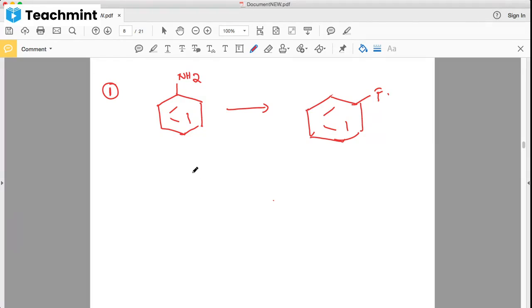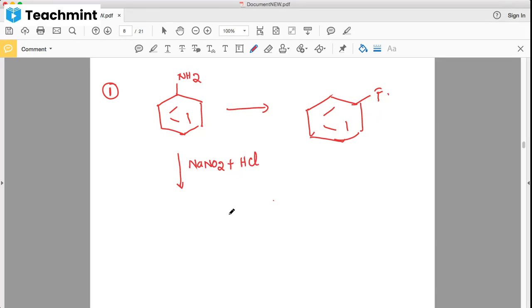Okay, this transformation can be achieved. Always remember, whenever you see aniline, you need to react it with freshly prepared HNO2.